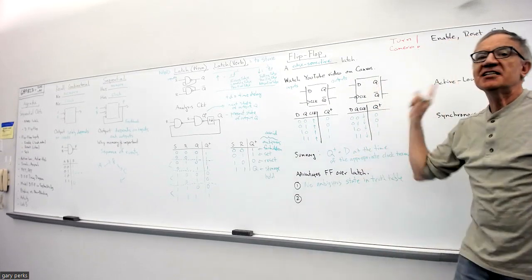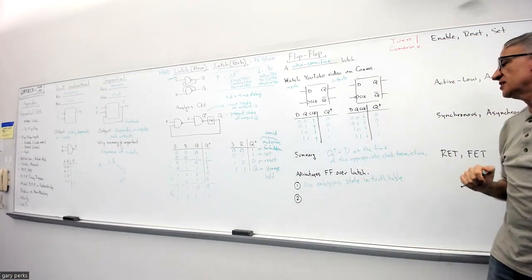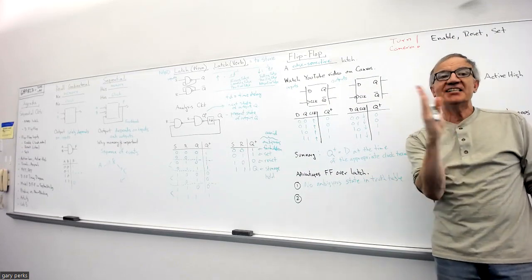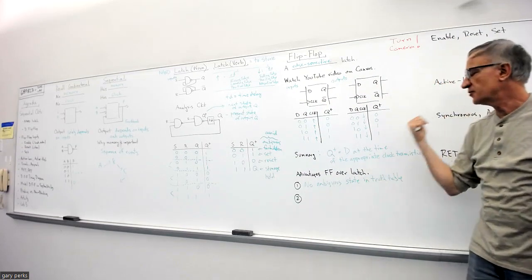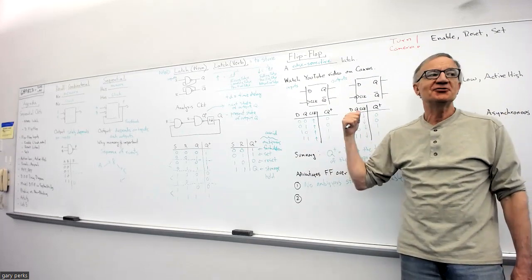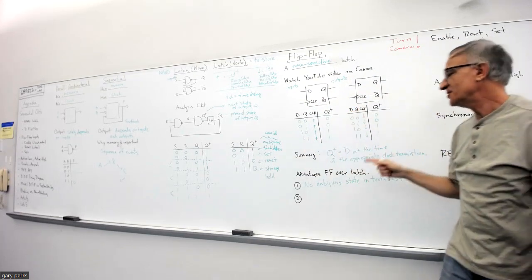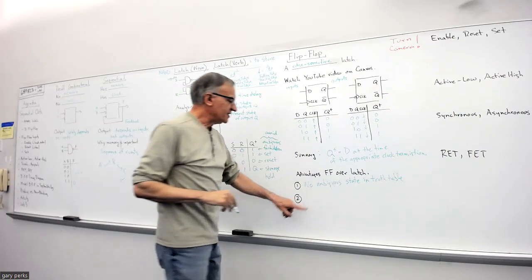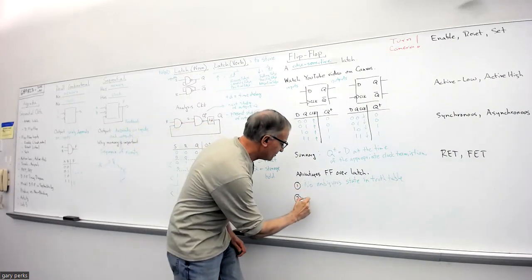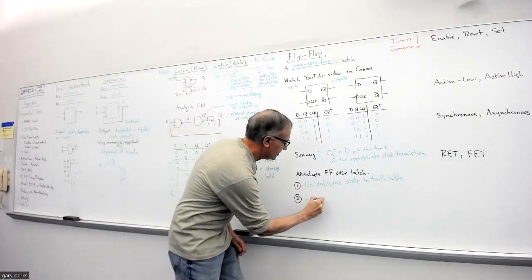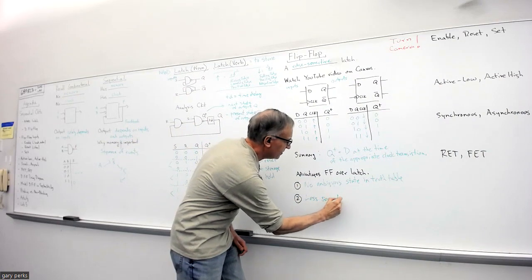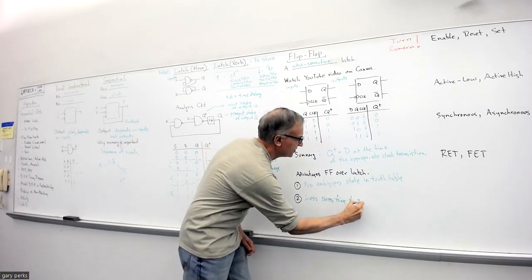Now you're going to see when we get to a timing diagram that has a flip-flop that you can still have an ambiguous situation when it's a flip-flop, but it's not in the truth table. Okay, so it's still an advantage over a latch. And the second advantage is that flip-flops are less sensitive to noise.